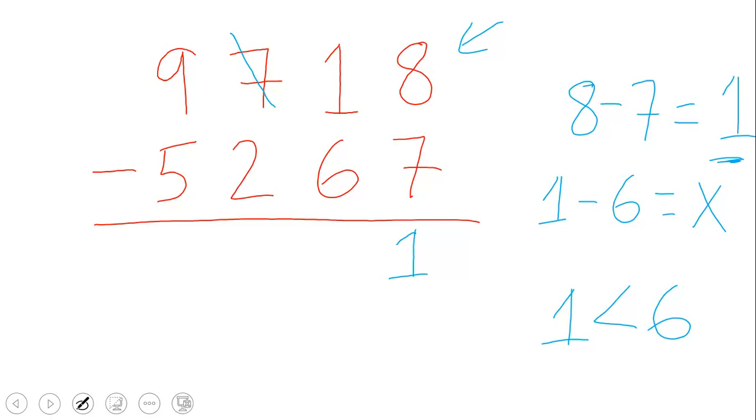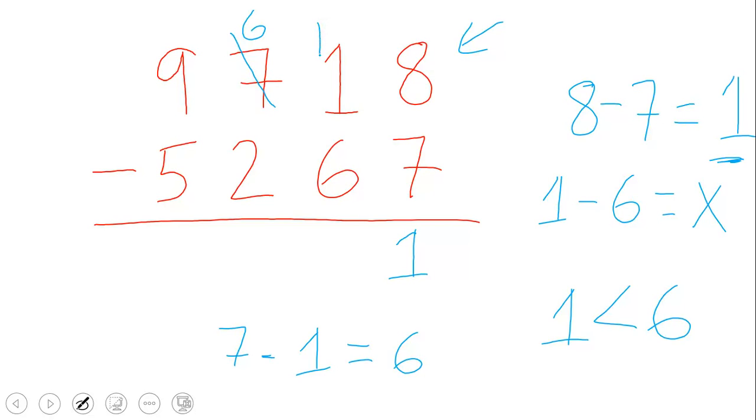Borrowing 1 from the 7, 7 minus 1 is 6. So 6 would be left on top because we took away 1 from the 7. Our neighbor was generous enough. He gave us 1, and now he's left with 6.